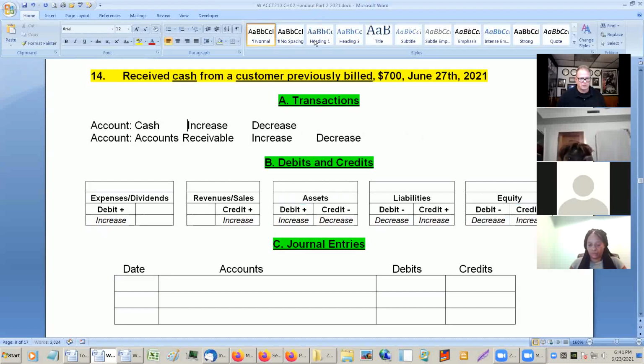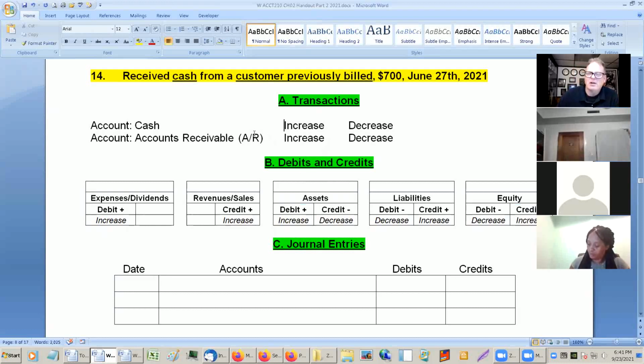By the way, I'm going to show you guys a little shortcut trick that is absolutely fine to use. You can abbreviate accounts receivable as AR. You'll even see that abbreviated like that, because someone will be talking about AR as if everybody knows what it is.